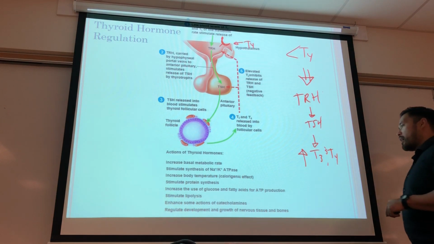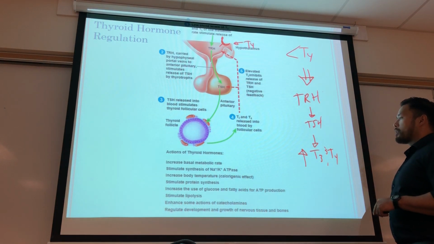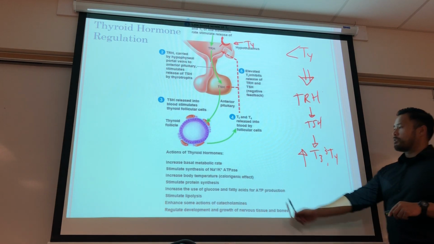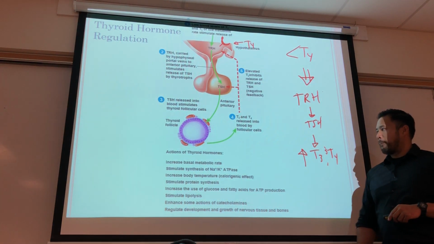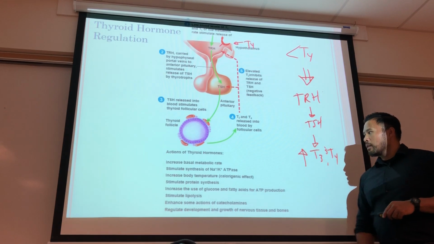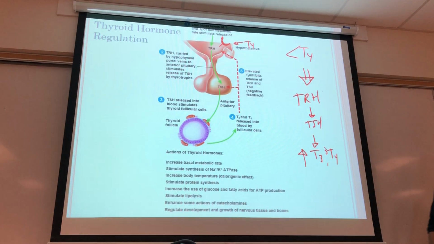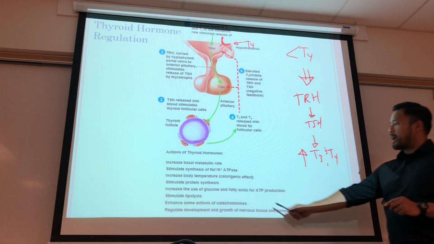So other things that I can point out for our thyroid hormones, things that I haven't already mentioned: increase of body temperature, and stimulating protein synthesis, so we do want to make sure that this is protein sparing. Increase the use of glucose and fatty acids.